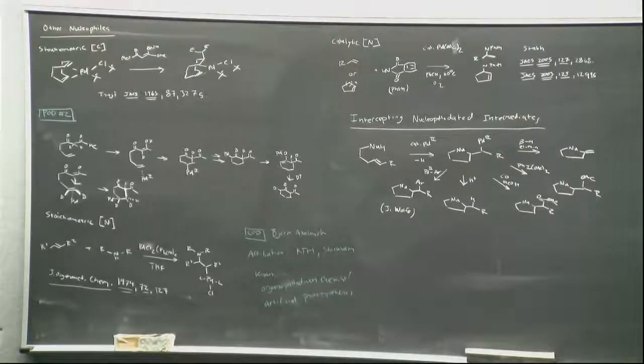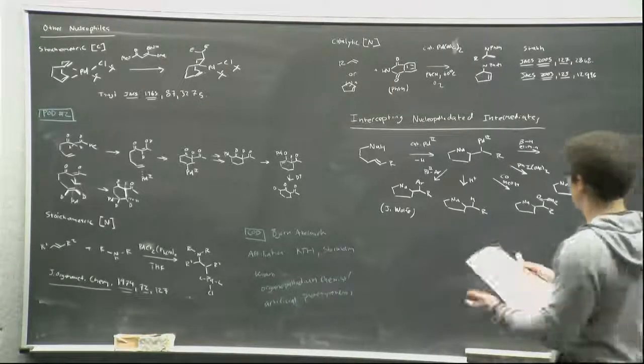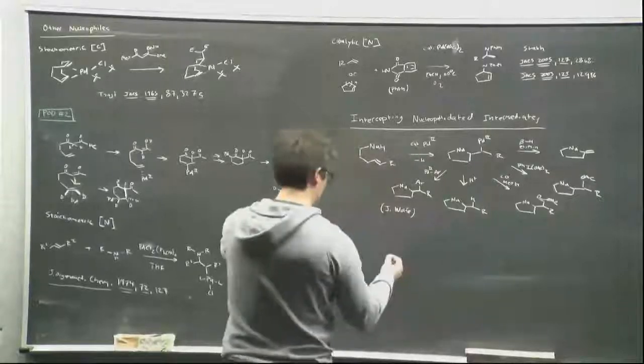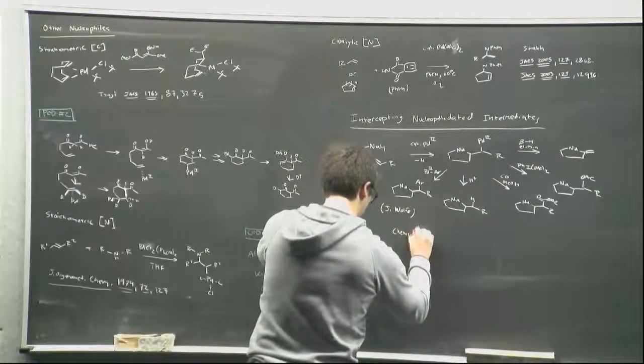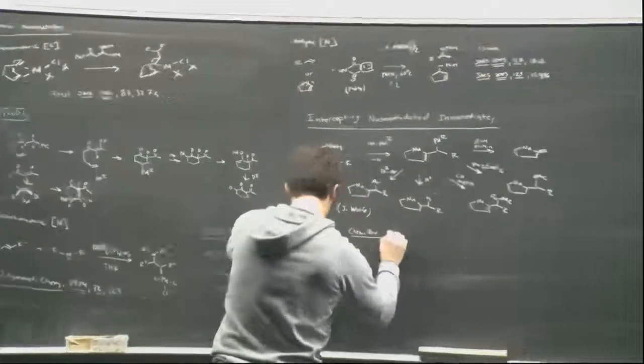And let me just provide one reference. Becoming a little bit dated, but a really good starting point if anyone wants to read more about this. Chem Rev from the Stahl group.